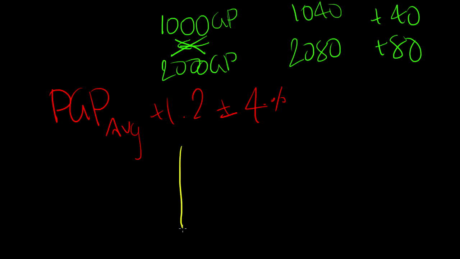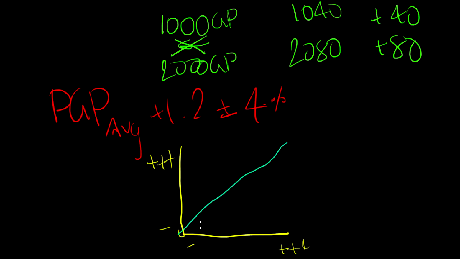And if we represent this on the exact same type of graph, where you've got high GP here and low GP gains there, basically what this graph is saying is that the higher the GP, the higher the gains. So it would look like that. So at low GP, according to this formula, you would get low GP gains. If you had a horse that had 0 GP, which thanks to the negative GP project you technically would, according to this formula you wouldn't get much of a GP gain.